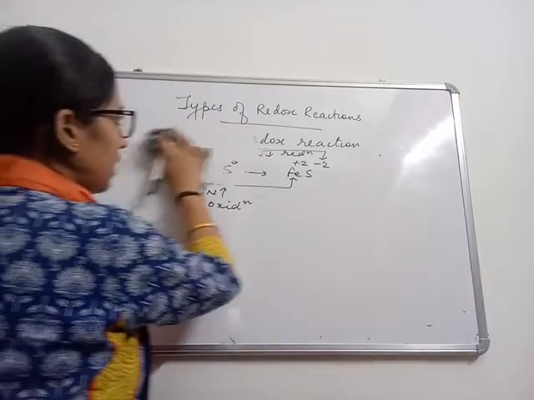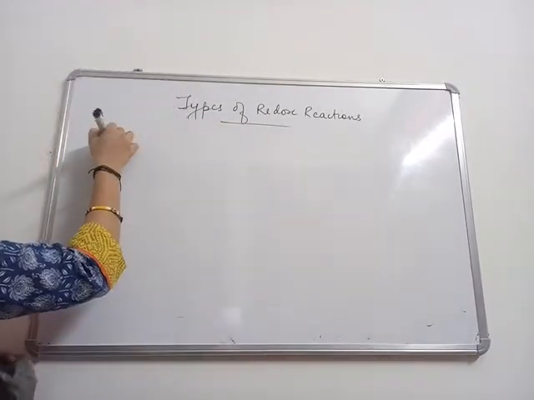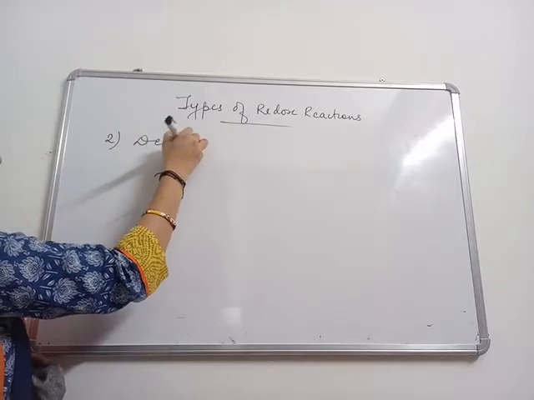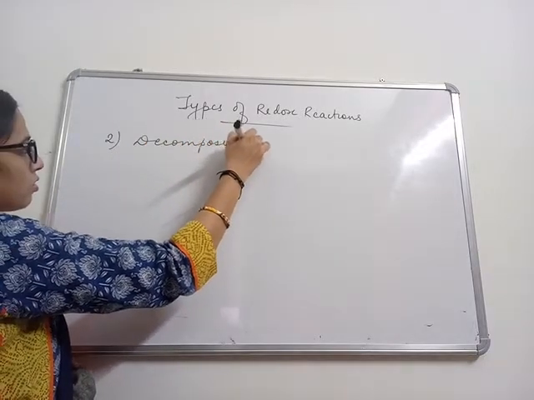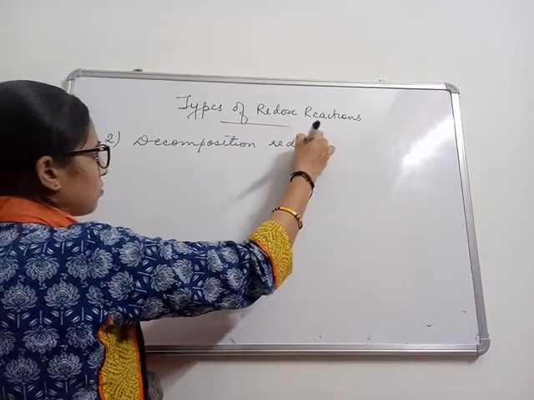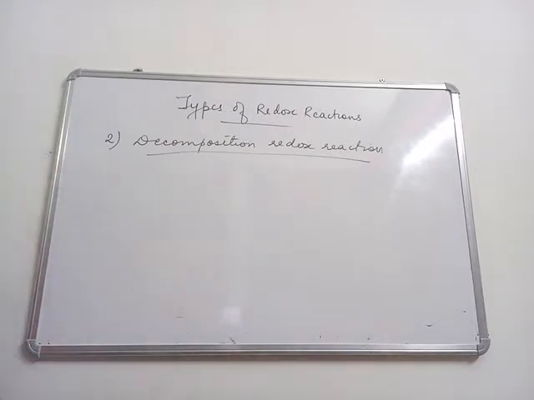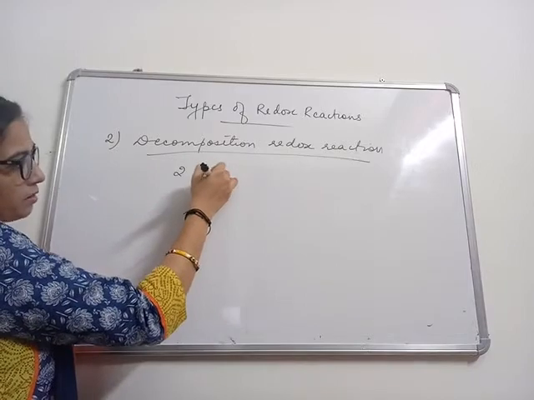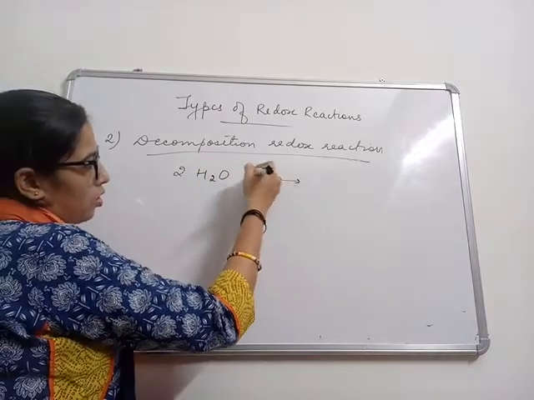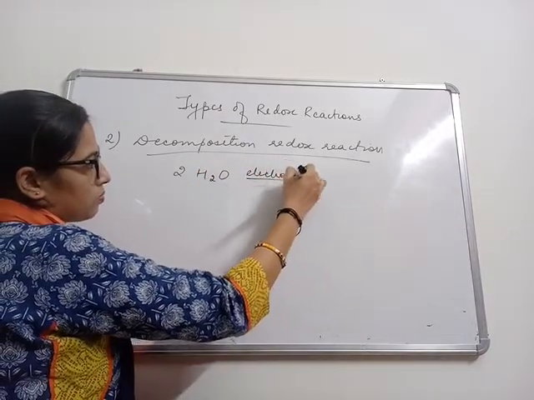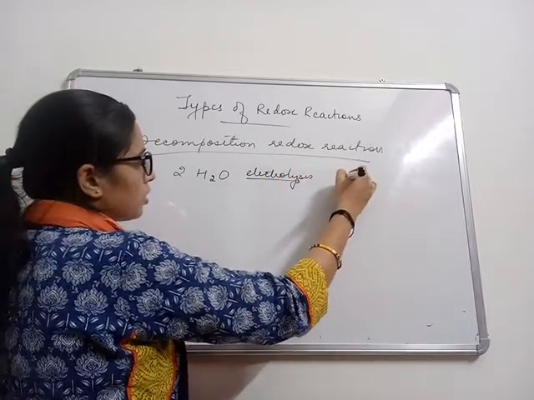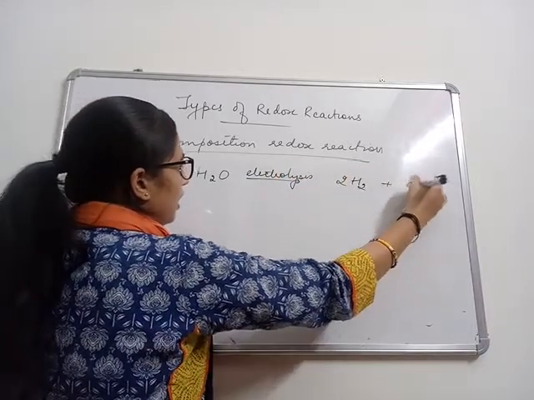Now the second type of redox reaction is the decomposition redox reaction. That means decomposition will occur, a big molecule will break down into smaller molecules, and it is a redox reaction. So a big molecule will break down and reduction and oxidation are taking place simultaneously. For example, water on electrolysis undergoes decomposition to give hydrogen and oxygen gas.